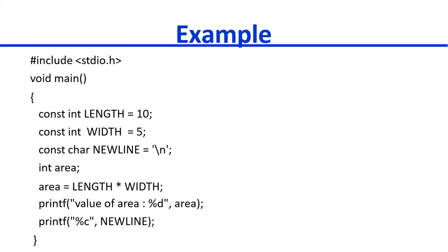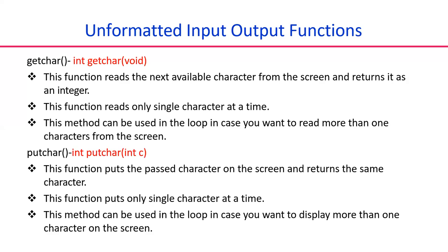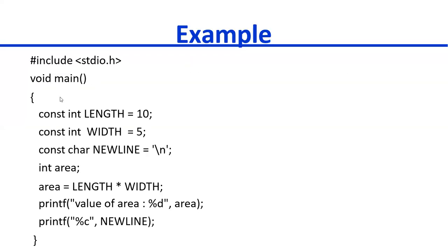To see this with an example, let us find the area of the rectangle. In the last example, we saw that we can use the #define preprocessor. In this particular example, we are going to find the same area, but in a different way, that is by using the const keyword inside the main method. The length is 10, declared as const, and the width is again 5, also declared with the keyword const.